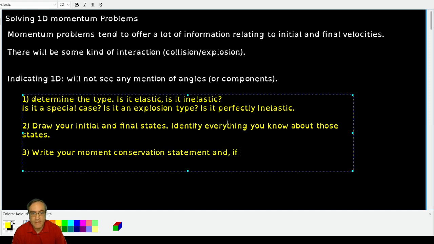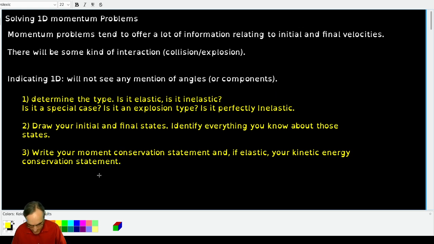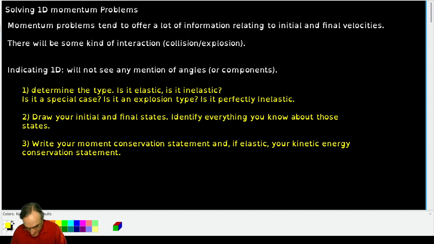And, if elastic, your kinetic energy conservation statement. What will those look like? Well, it varies depending on if it's a special case or not.